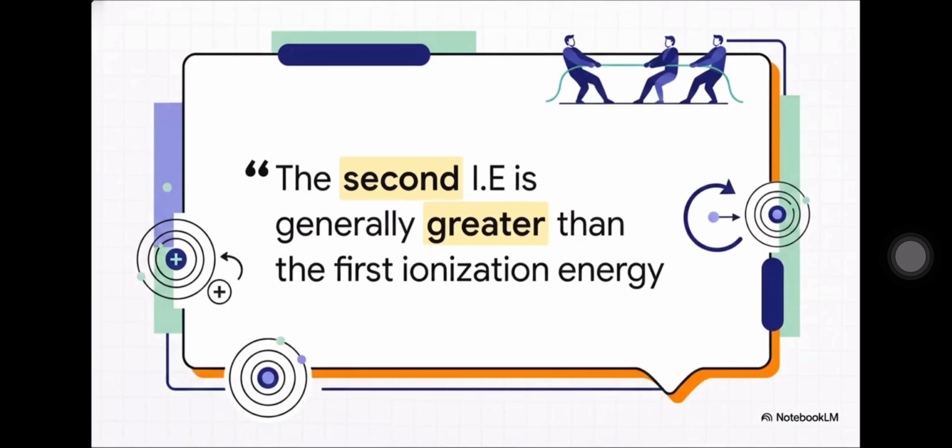The second ionization energy is pretty much always greater than the first. This escalating difficulty happens because a positively charged ion has a greater effective nuclear charge. Think about it for a sec. You've taken away an electron, but the nucleus still has the exact same number of positive protons pulling inward.